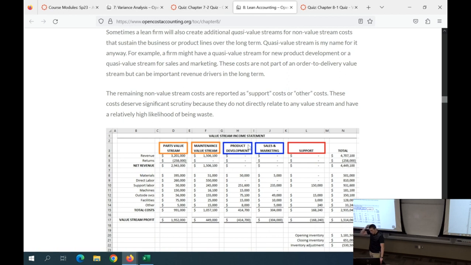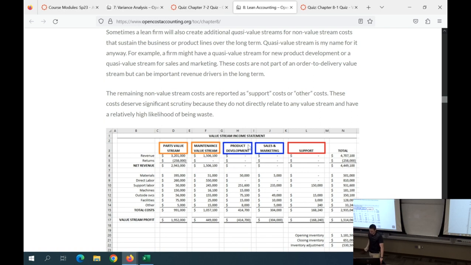This does not directly help us take a customer today from order to delivery, but it does in the long term help us take customers from order to delivery. And so we're going to put that in this middle category on kind of yellow alert here. Maybe it has some waste in it, maybe not, but it does help support the value stream in the long run. It might be driving both cost and revenue.